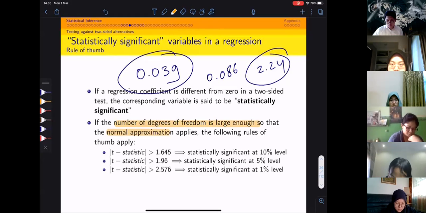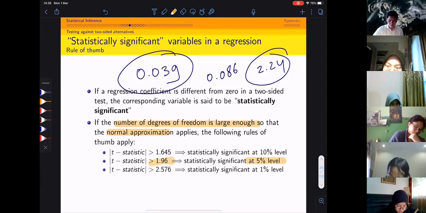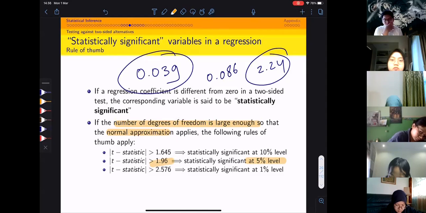If it's a two-sided test and you have a significant level of 5%, then the critical value is just 2 or minus 2. That's how you usually use it. It's actually 1.96 to be precise, but I always use the 2 and -2.